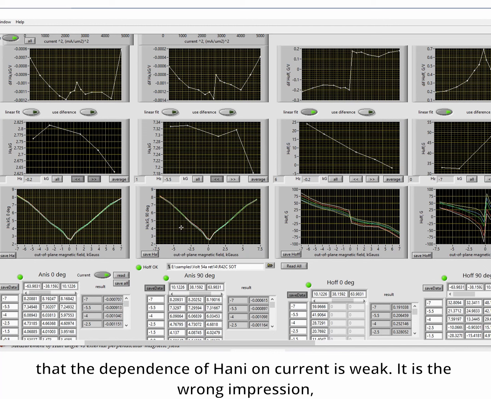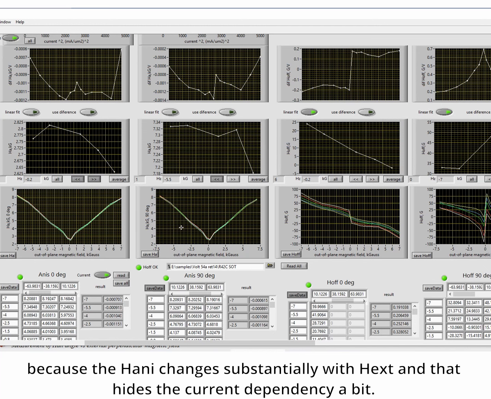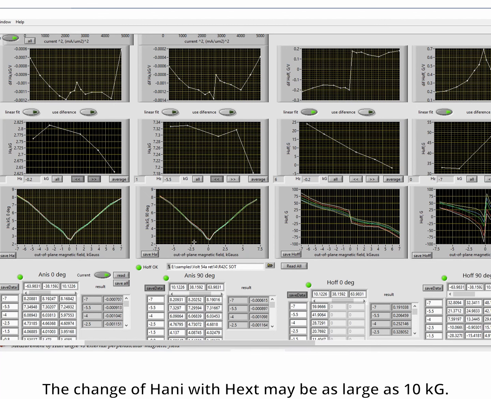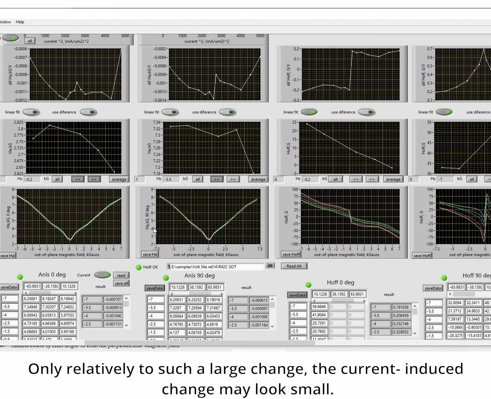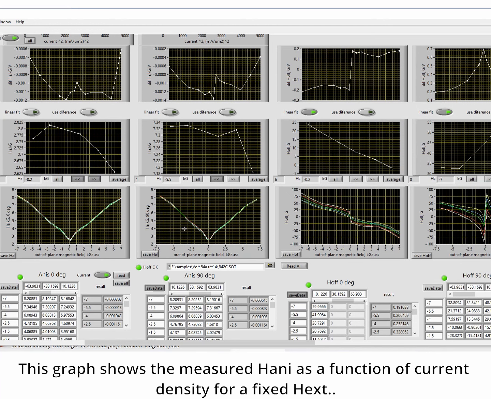It is a wrong impression because the anisotropic field changes substantially with external magnetic field, and that hides the current dependency a bit. The change with external magnetic field may be as large as 10 kilogauss. Only relative to such a large change, the current-induced change may look small.